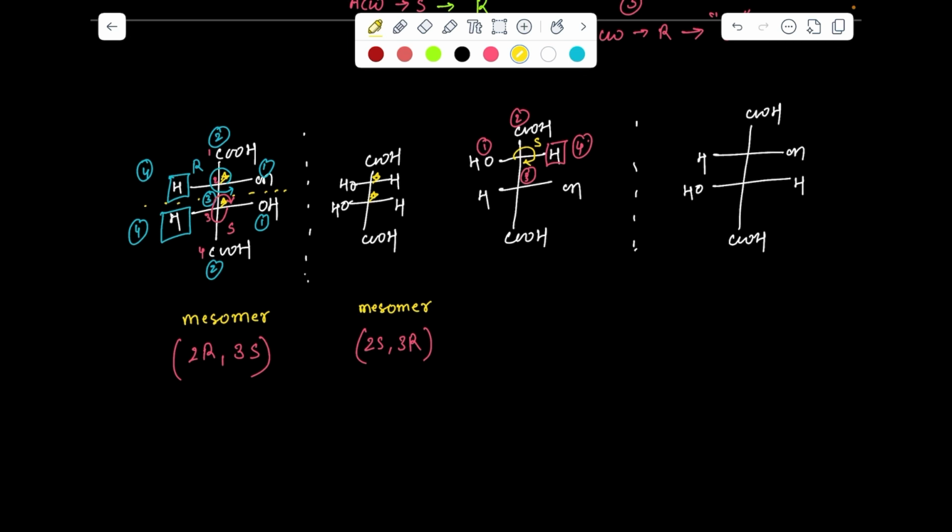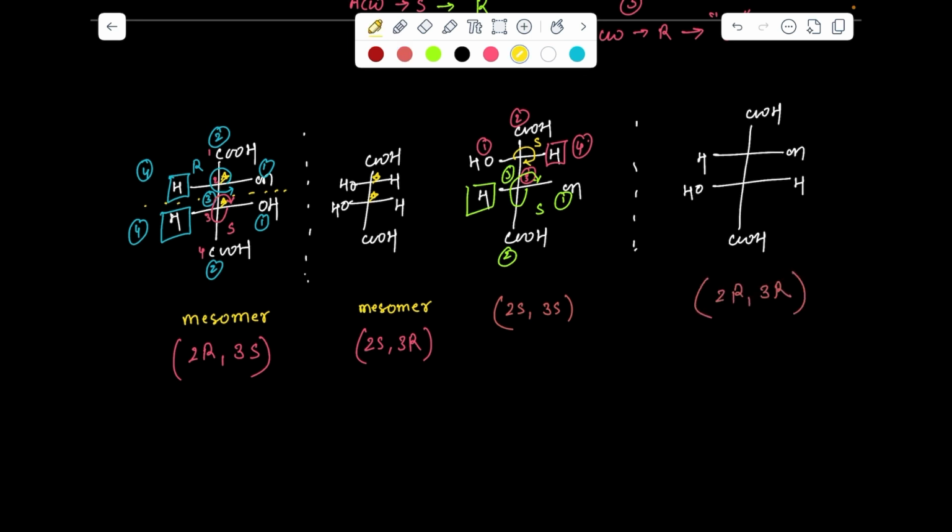And then we apply to the downside also, that is 1, 2, this side is 3, and that is 4. So 1, 2, 3, 4, it's a clockwise direction. Clockwise means R, but it became S. So if I write the IUPAC nomenclature, the second carbon has S and the third carbon also has S. So this becomes 2R and 3R.